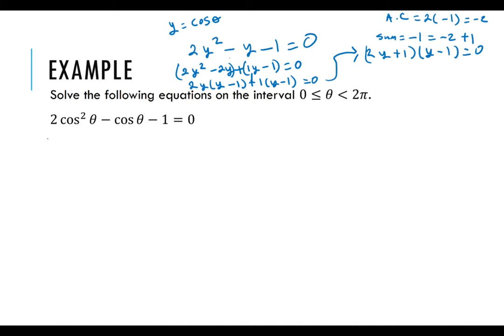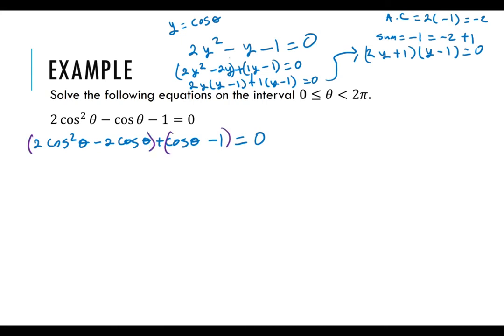And so I'm going to play all these same games. Notice that negative 2 times 1, I'm going to factor this. This is then 2 cosine squared of theta minus 2 cosine theta plus cosine theta minus 1 is equal to 0. So we force the factor by grouping.